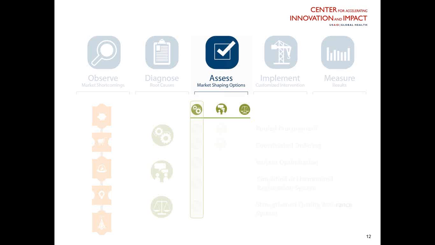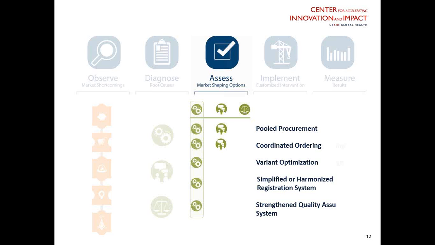We've listed a few in the primer. Again, this is not intended to be comprehensive, but it is intended to present a range that can be a starting point for brainstorming on what interventions we could use in market shaping in a specific market. So if we take that first category of reducing the transaction costs, so make it easier for actors, especially supply-side private sector actors, to enter and act in the marketplace, I've listed on the right side different types of interventions that fall into that grouping: pooled procurement, coordinated ordering, variant optimization, simplified or harmonized registration systems, or strengthening the quality assurance system.